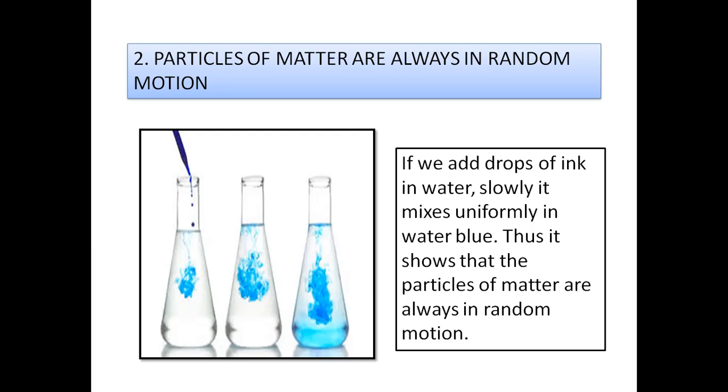Now these molecules of ink move and distribute throughout the water and finally mix uniformly and the water turns blue. So it proves that particles of matter are definitely in random motion. Otherwise, this phenomenon of movement of ink and its uniform distribution would not have taken place.